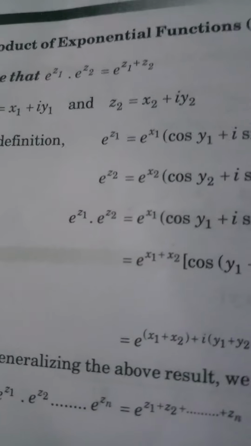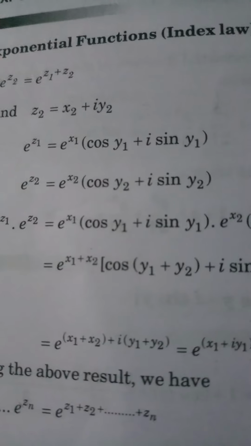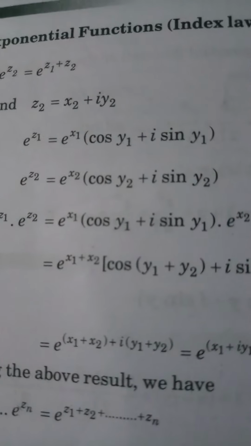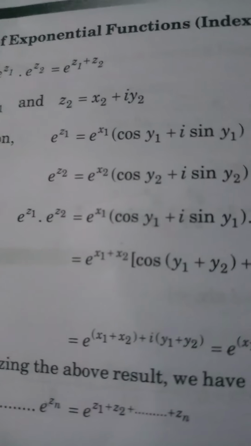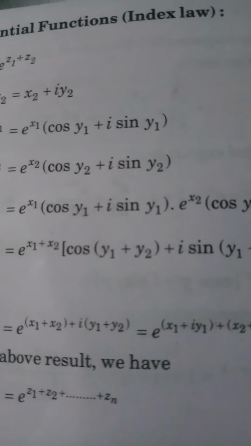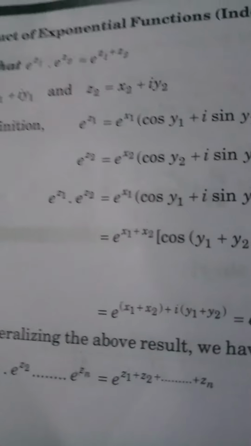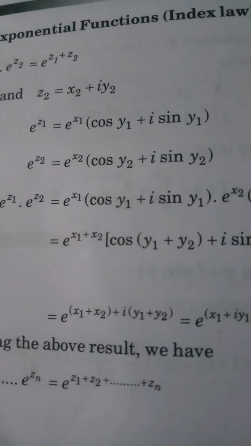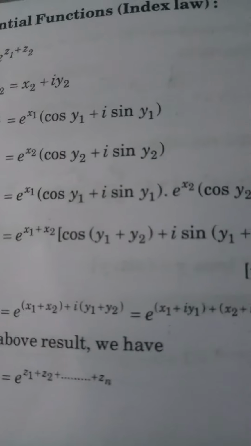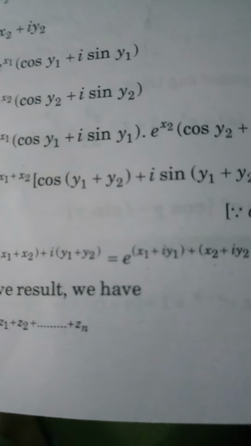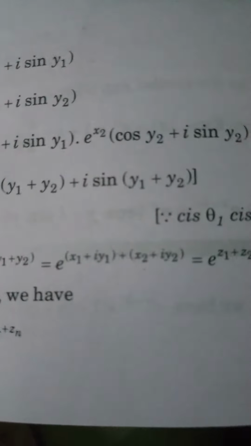Then by definition e to the power z1 equal to e to the power x1 into cos y1 plus iota sin y1, and e to the power z2 is equal to e to the power x2 into cos y2 plus iota sin y2. Multiplying these two expressions, e to the power z1 into e to the power z2 equal e to the power x1 into cos y1 plus iota sin y1 into e to the power x2 into cos y2 plus iota sin y2 is equal to e to the power x1 plus x2 into cos y1 plus y2 plus iota sin y1 plus y2.